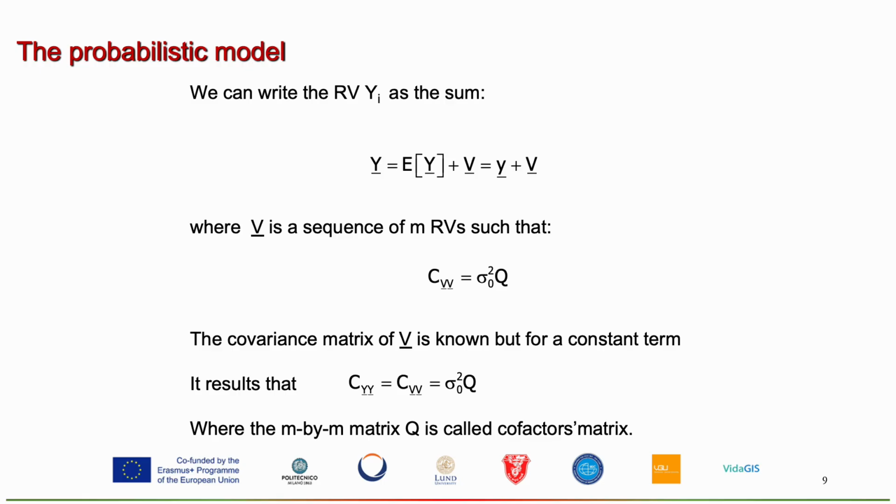Note that given the covariance matrix of capital V, we also know the covariance matrix of capital Y, because it is equal to that of V: sigma 0 squared times Q.